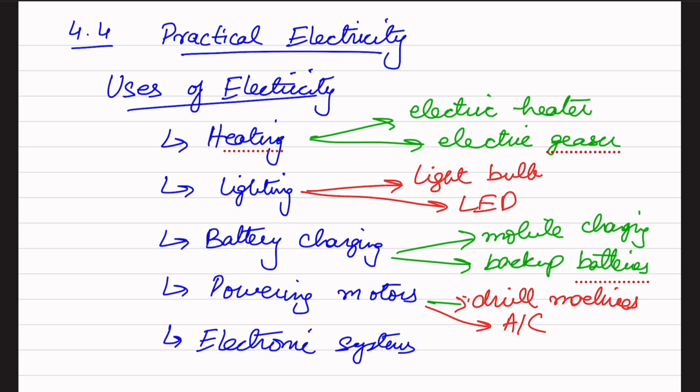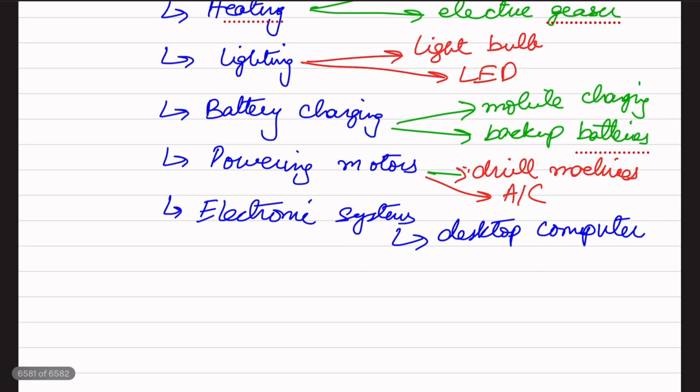Then we can also use it in our electronic systems, for example to operate a desktop computer. They are practically run on electricity, and other electronic appliances can be run by electricity, like our medical instruments such as X-ray machines, and our Xerox machine.